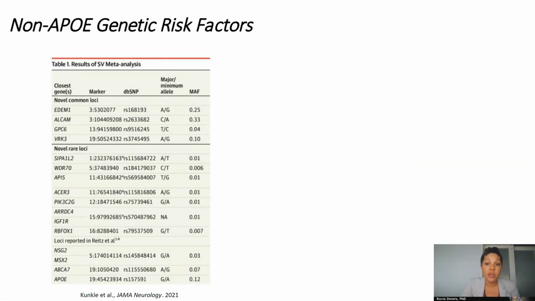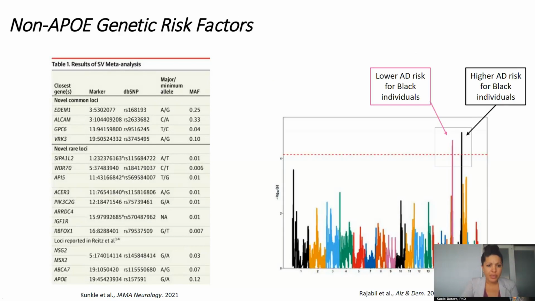And I think it's just also important to know that there are other non-APOE genetic risk factors that have been identified in Black individuals. This is data from a recent GWAS, Genome-Wide Association study, that identified new common loci and novel rare loci in Black individuals. And then also, I think it was really interesting, again, if we're focusing on people of ancestral background, there were 2 different loci that actually conferred risk and protective effects of dementia.